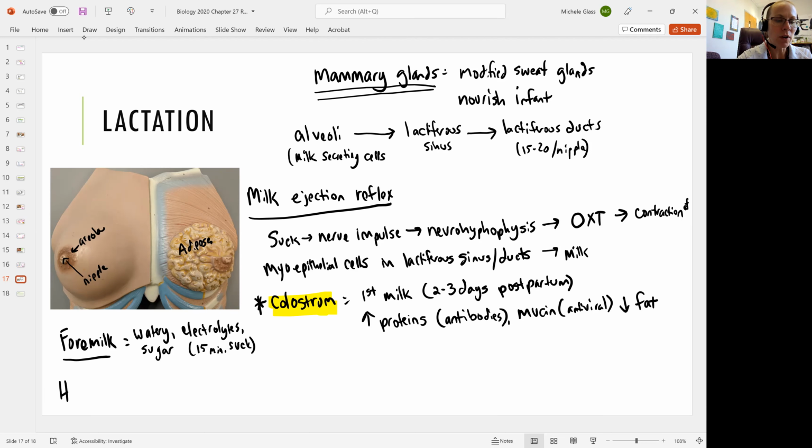And then after about that 15-minute period of time, the infant, if they continue to stay latched on and sucking, they'll get to the good stuff. This is called the hind milk, and this is super high in lipids. And this is going to be essential for that infant to gain weight.